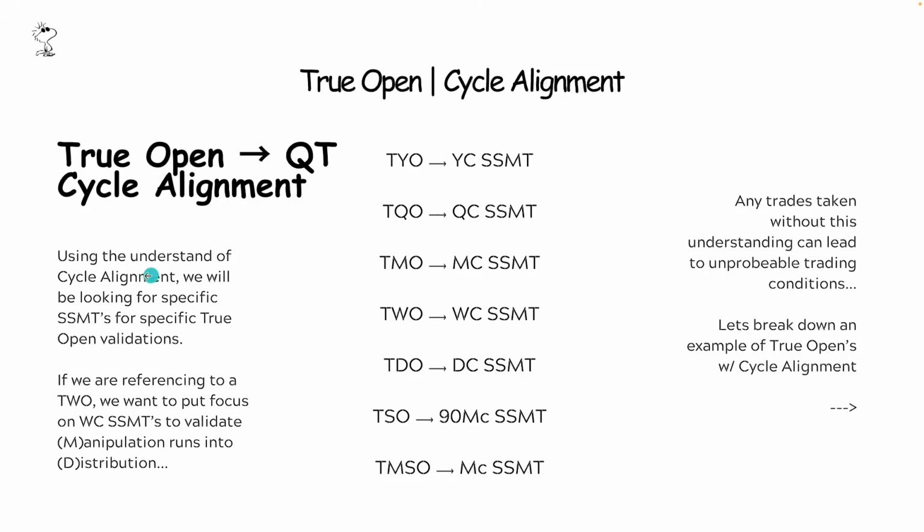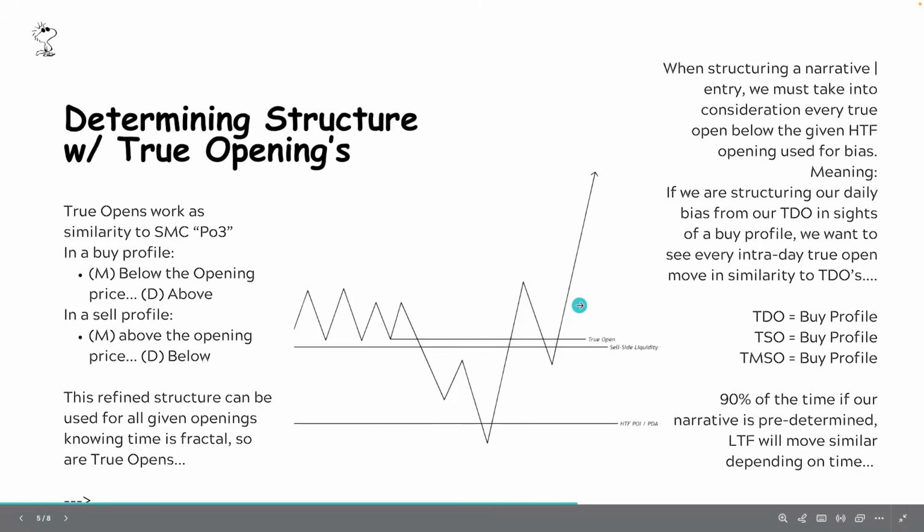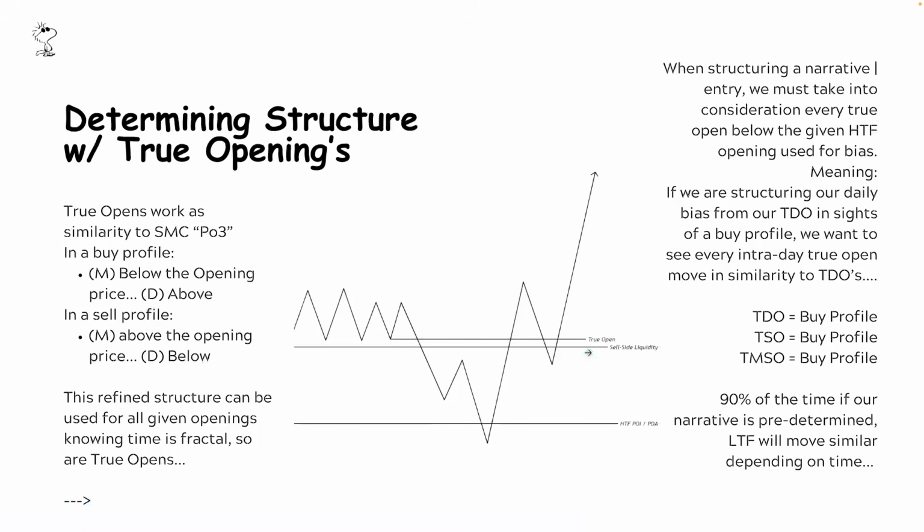We know that every single true opening is going to have an AMDX or XAMD model around it. If our quarter two opening is going to give us our true opening, we're expecting a bullish profile, we know we're going to manipulate below the true opening and likely hit some sort of higher time frame point of interest or PD array.